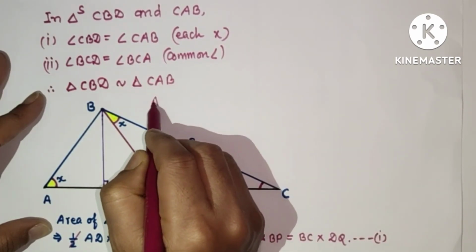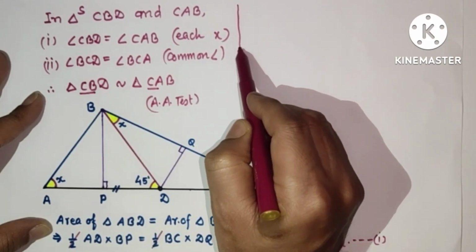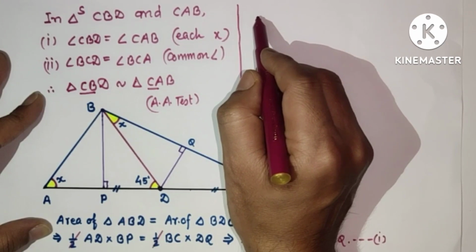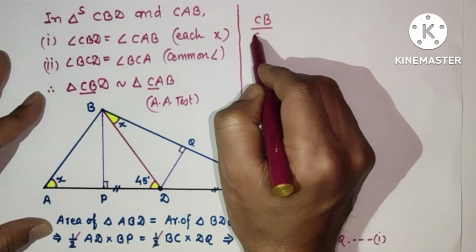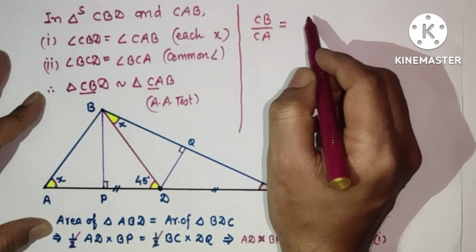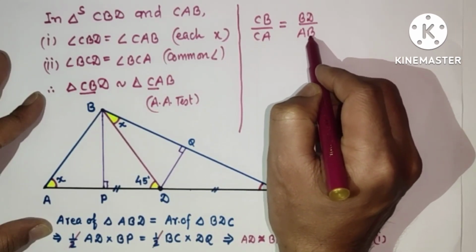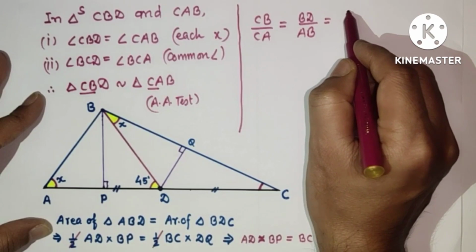By the test of similarity, if two triangles are similar, then corresponding sides are in proportion. CB by CA is equal to BD by AB and that is equal to CD by CB.